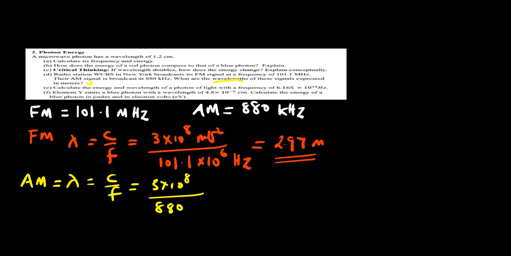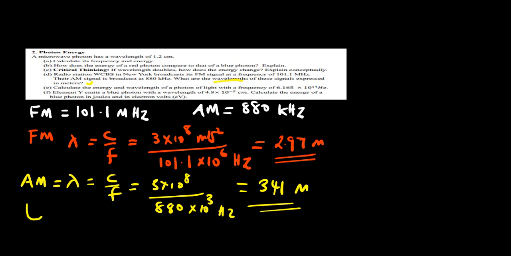Now kilo is 1,000, right? So I'm going to say times 10 to the power 3 hertz. And when we divide, on my end I'm getting 341 meters. Okay, so that would be the answer for the amplitude modulation.